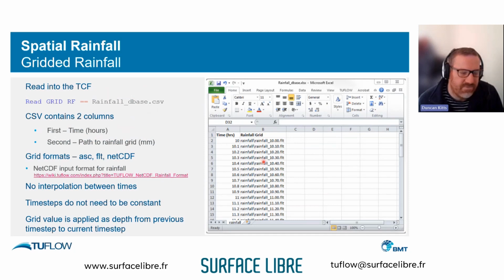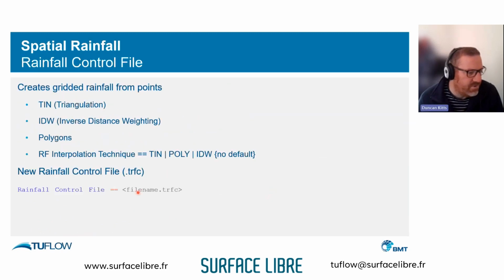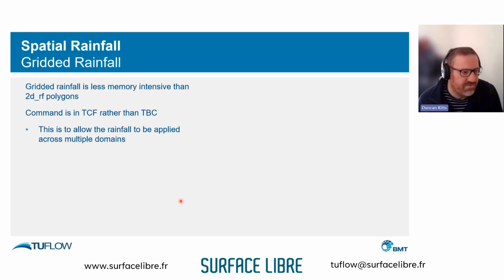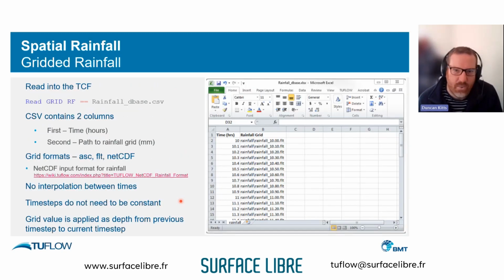You have all your rainfall grid files generated by TUFLOW. For your subsequent simulations, you can just use this approach. So the first time you use that rainfall control file to generate those grids, and then the second, third, fourth, fifth, sixth, etc., just use the rainfall grids directly, and that's a bit quicker.